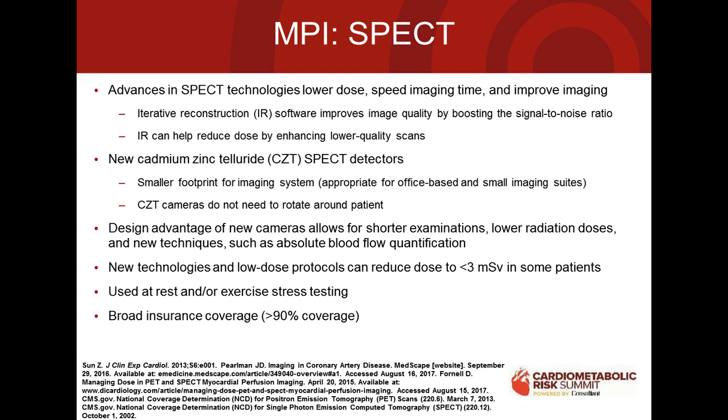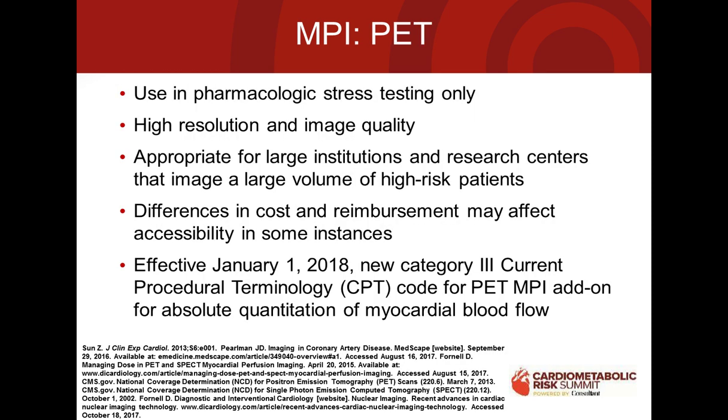And if you fully optimize these for minimizing radiation dose, you can really drive the dose down to under 3 millisieverts. PET, like I mentioned, has a very short half-life tracer. As a result of that, you really can only perform it with pharmacologic vasodilators. We don't have any stress protocols that we are using for stress-based PET.